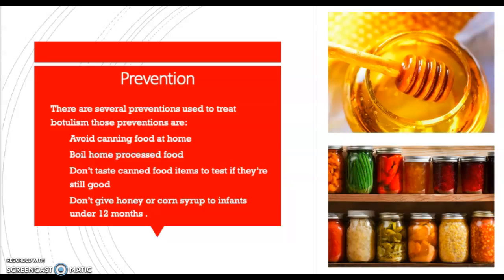The reason why you shouldn't give honey or corn syrup to infants under 12 months is that honey contains a bacteria that produces toxins in the baby's intestines, leading to infant botulism.